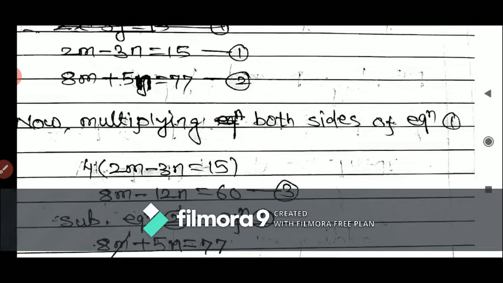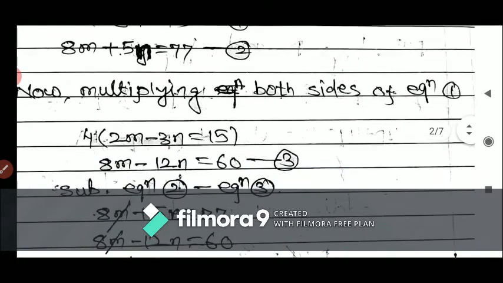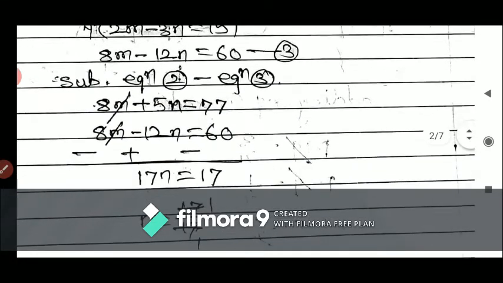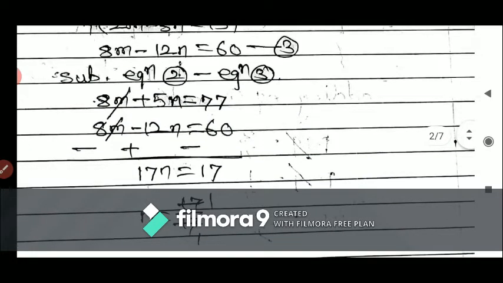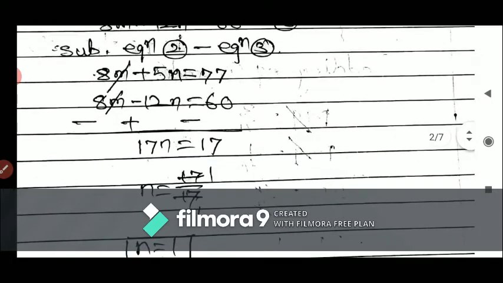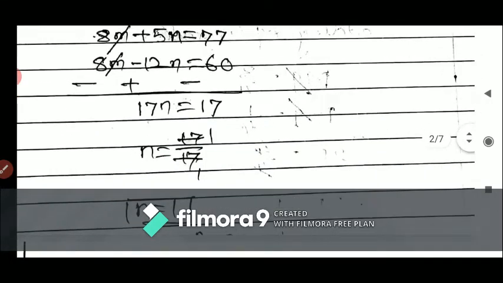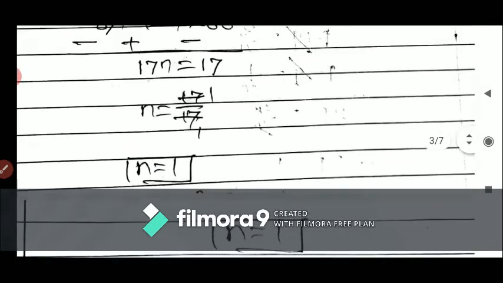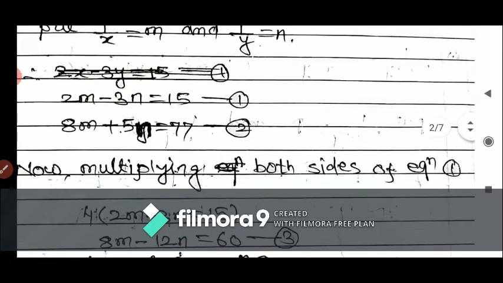Now subtracting equation 3 from equation 2 and solving it, the variable m is eliminated, and we get the value of n is equal to 1. How to get the value of n? See here. Now put n is equal to 1 in equation 1. You know that there are equations 1, 2 and 3.